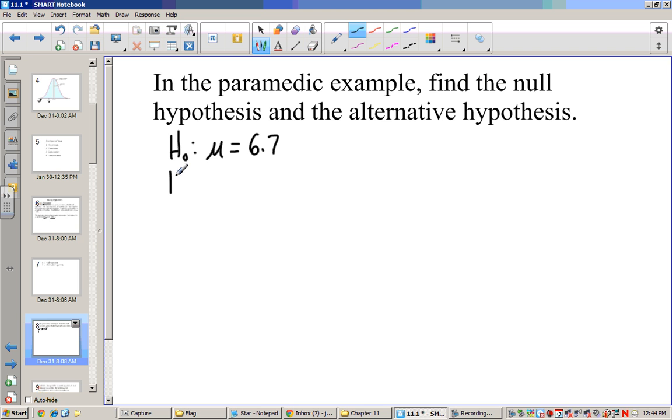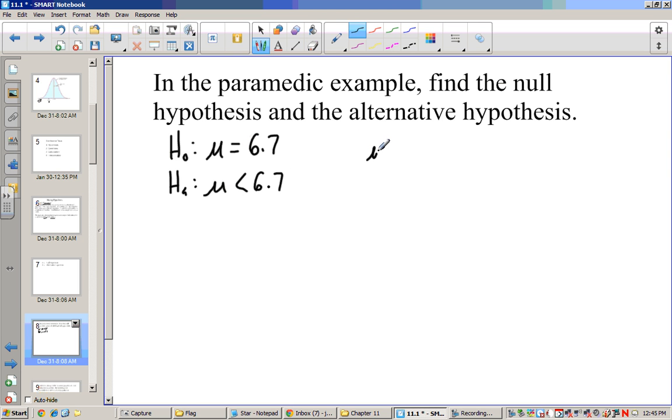Now, what they're hoping is that the time decreases. So it becomes less than 6.7 minutes, and that becomes your alternative hypothesis. Whenever you do this, you have to define what mu is.